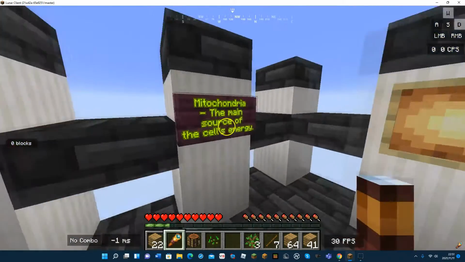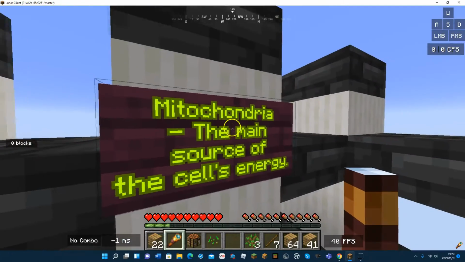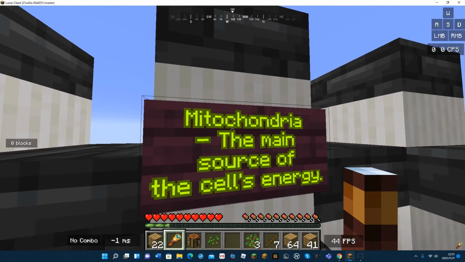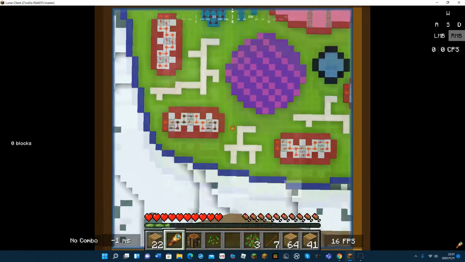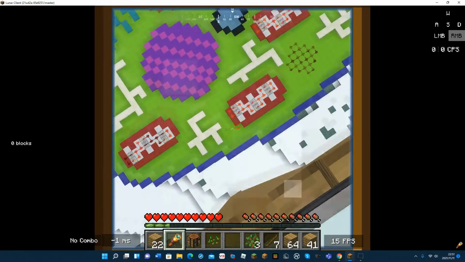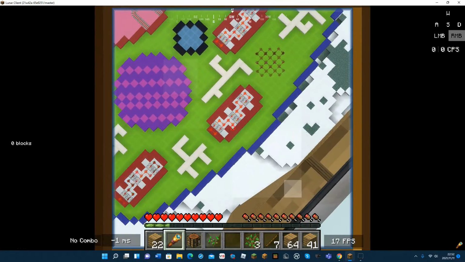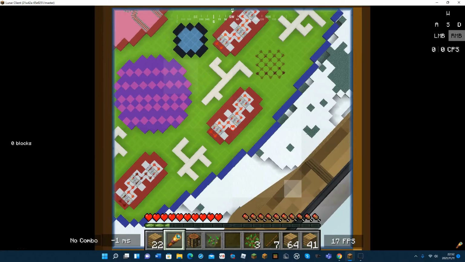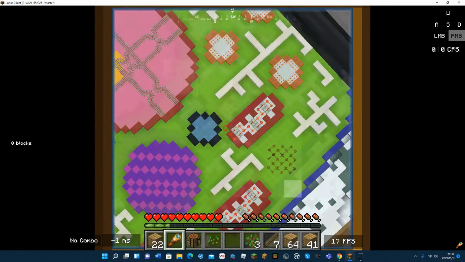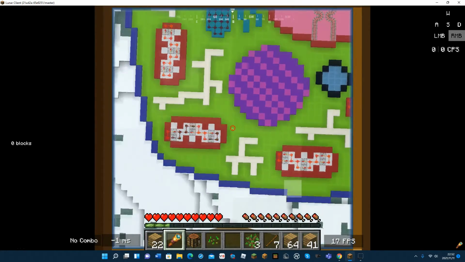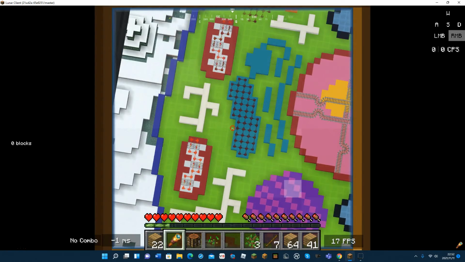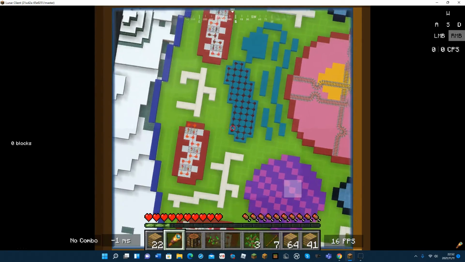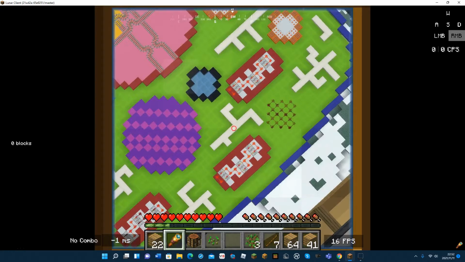And our last thing, but certainly not the least, the mitochondria, the main source of the cell's energy. So these things right here, portrayed by a lot of redstone. These ones aren't doing well, but this one, as you can see, is blinking on and off. I don't know why some of the others aren't, but yeah, they are the main source of the cell's energy.